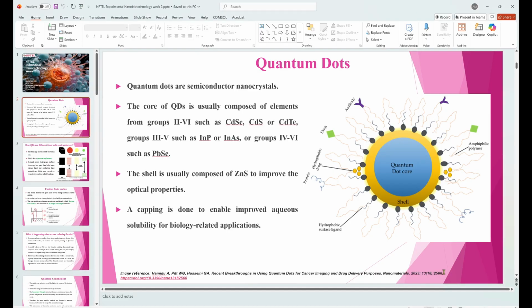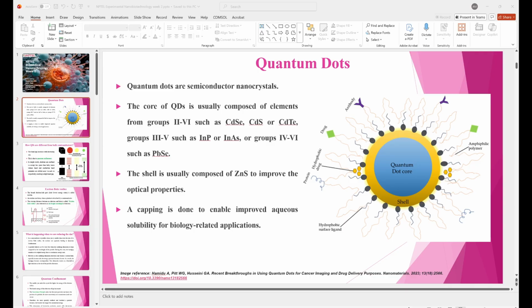So carbon dots are materials you can make from natural sources. Basically, they are non-toxic. The biggest advantage of carbon dots is non-toxicity. So quantum dots and carbon dots are basically similar.